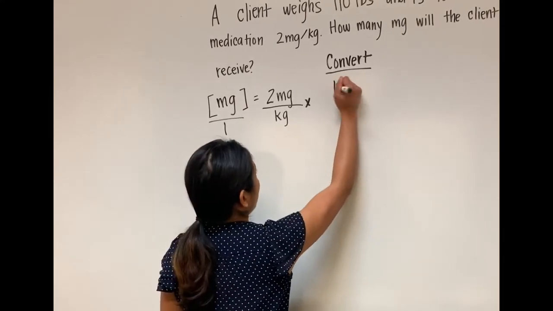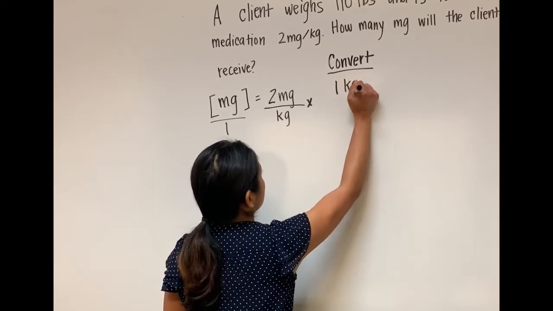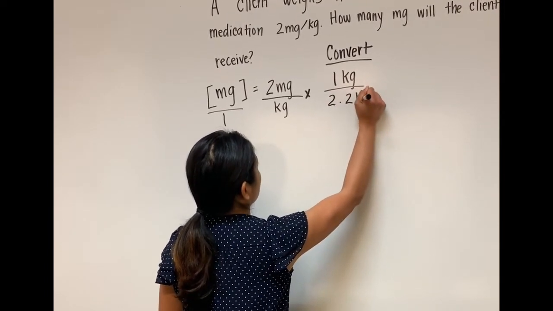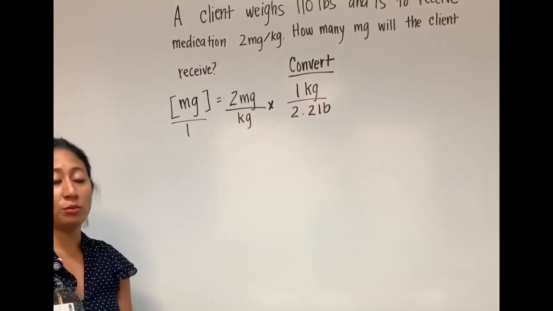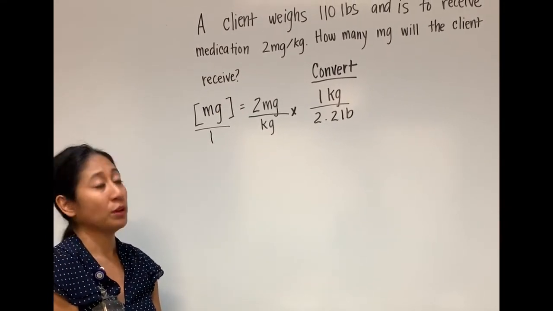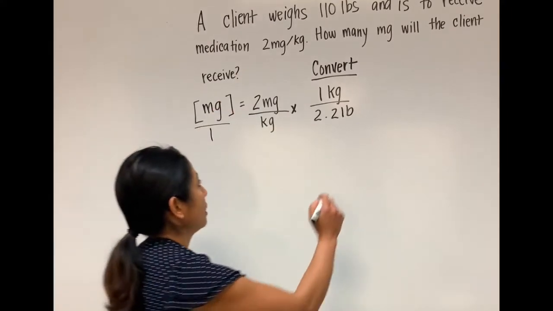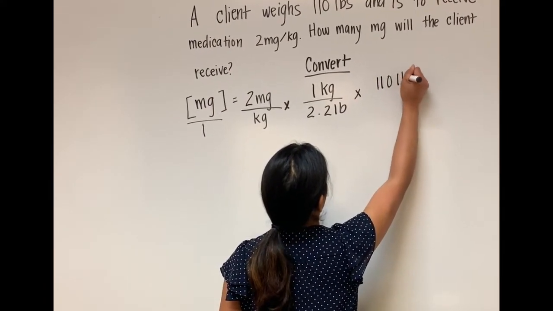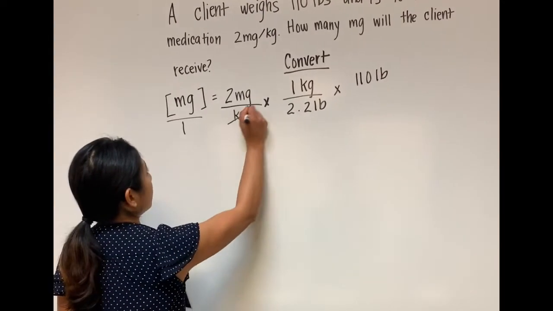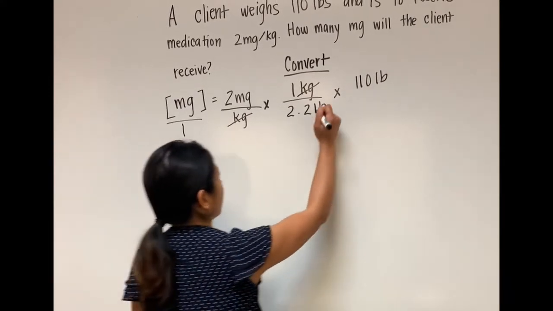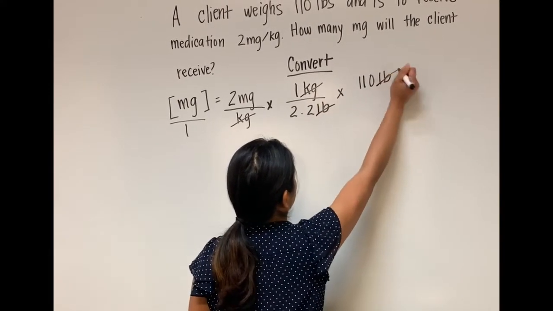So we know that 1 kilogram is equal to 2.2 pounds. What else do we have here that indicates pounds? We have the patient's weight, 110 pounds. We can cross cancel our kilogram here, and we can cross cancel our pounds here.